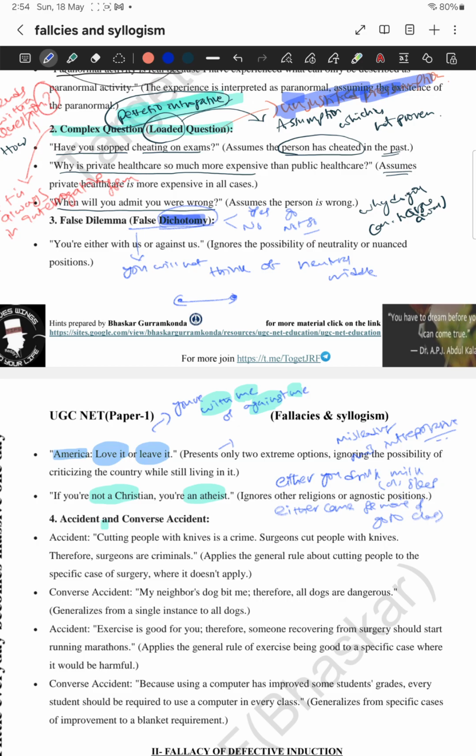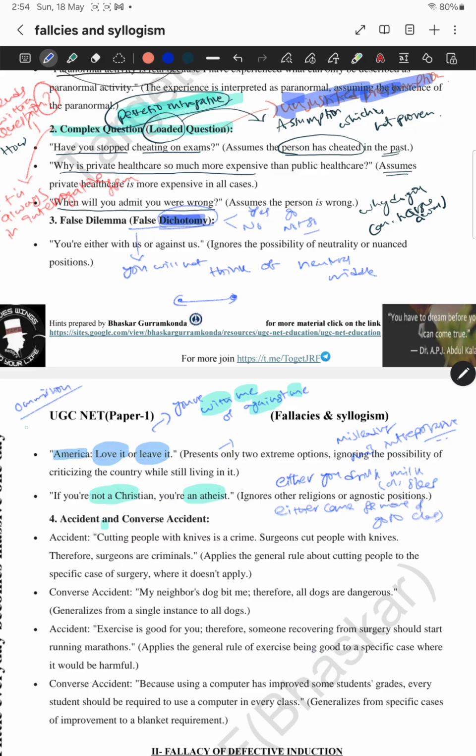So that is where a false dilemma comes, most of the time. There may be some more examples like these for two choices. There is something called examples of omission also, like: I thought you are good but you didn't come to church today. This is one example of omission.